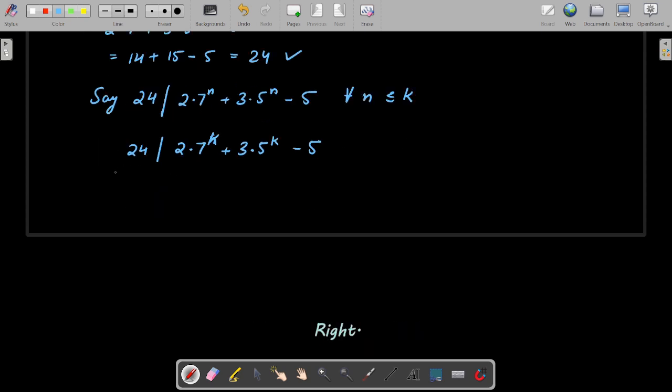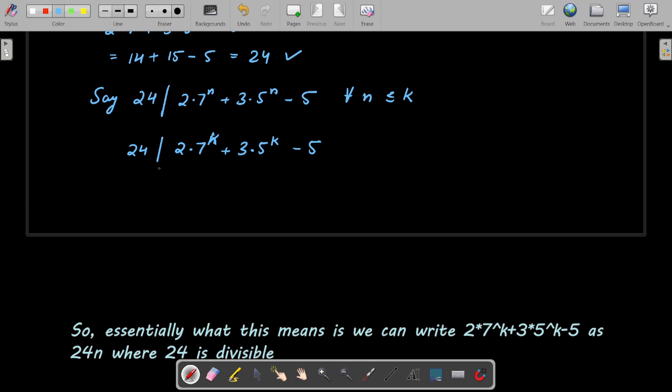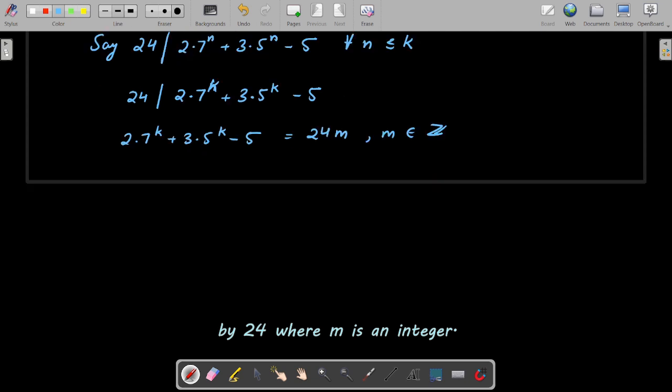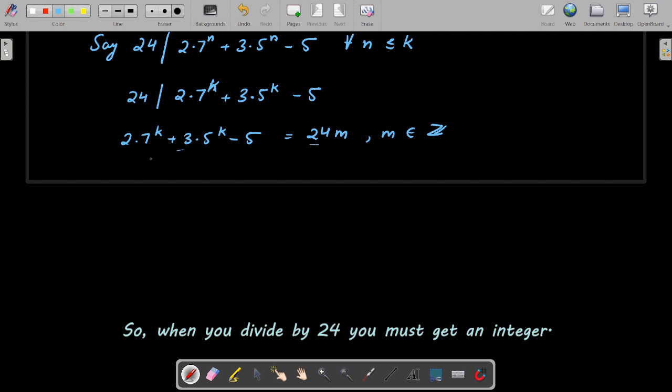So essentially what this means is we can write 2 into 7 power k plus 3 into 5 power k minus 5 as 24m, where m is an integer, right? Because this is divisible by 24, so when you divide by 24 you must get an integer.